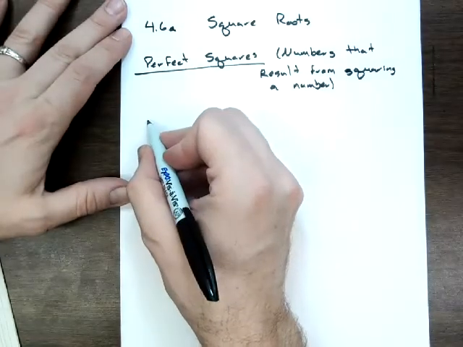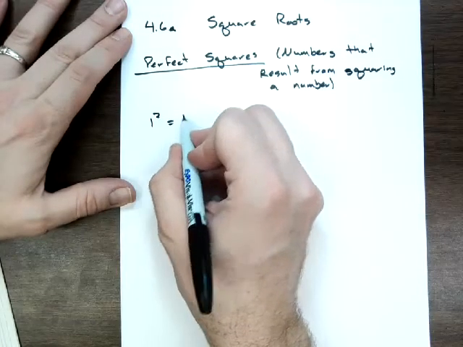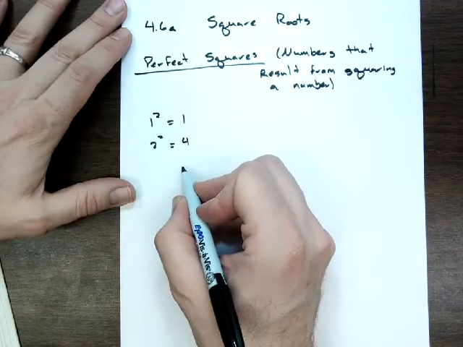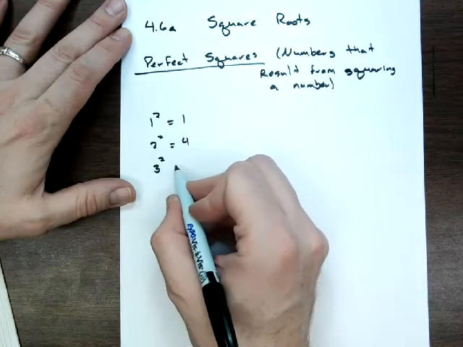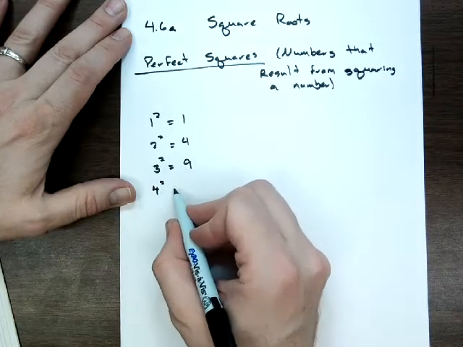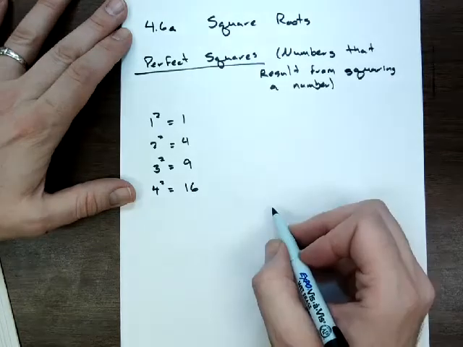If we've got 1 squared, that's just equal to 1. 2 squared is 4. 3 squared is 9. 4 squared, 16.